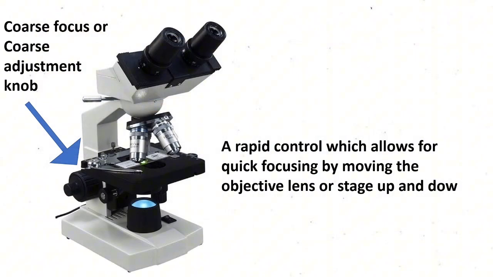Coarse focus or coarse adjustment knob. Now this one, if you look at it, you can see where it is pointing to. I hope you can see that this particular one here, this big one.